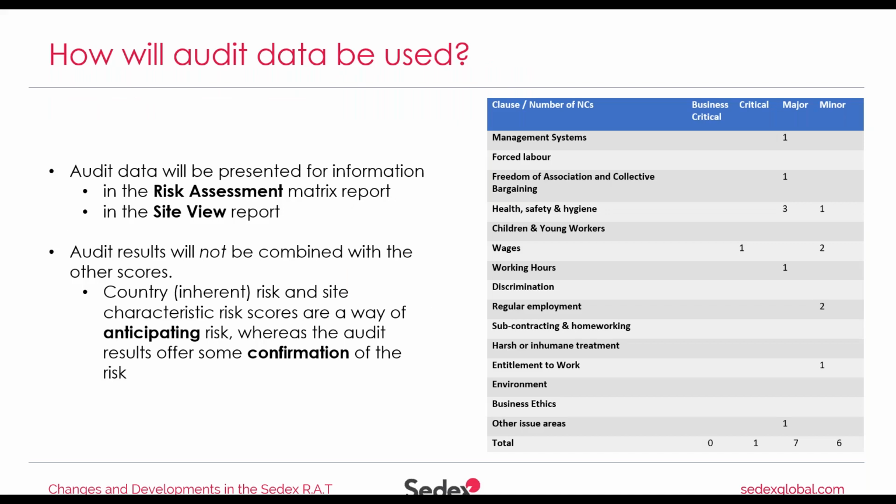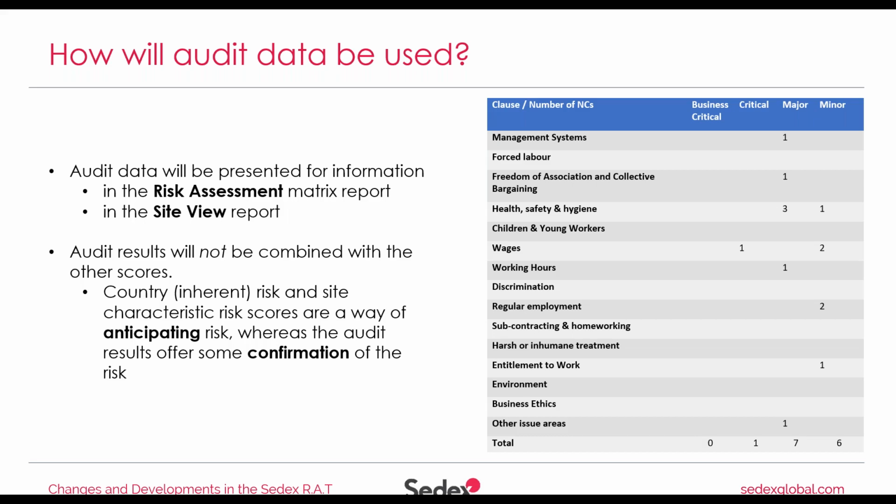So a question that does often come up, and came up when we were developing this tool, is about how audit data will be used. And there was feedback from members in the process of developing the tool that our current risk assessment tool does not make good use of audit information on a site or a business, and that's useful information to have. And we agree with that. And we did consider whether we should actually integrate audit results into the overall risk score. But on reflection, we concluded that audits and risk scoring are really trying to do two different things.